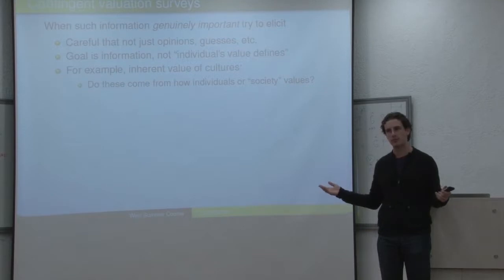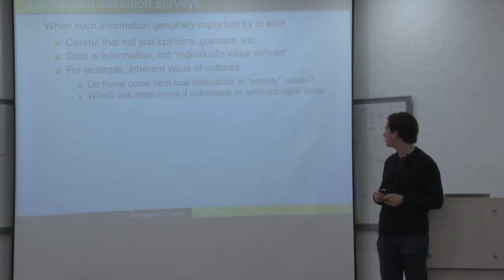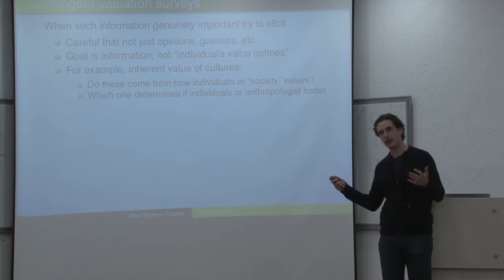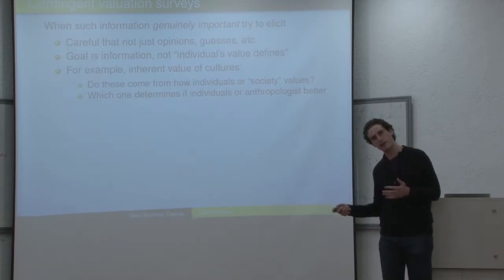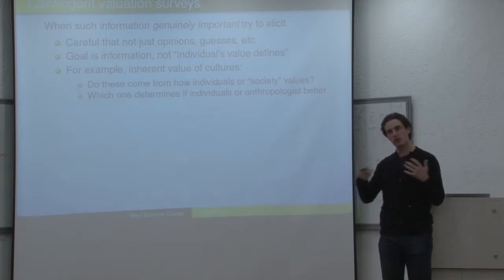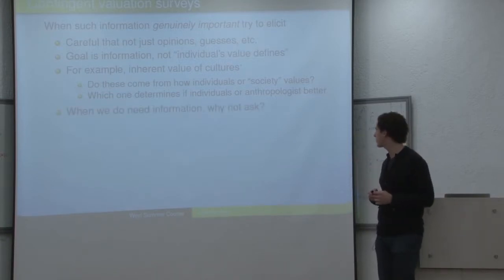What's the value to them of continuing to exist? Do we think that that should be determined by an expert anthropologist? Or do we think that that should be determined by people in the general public? Well, it depends whether the anthropologist is biased or whether the anthropologist has more knowledge. And it's always going to be a trade-off between those types of things.